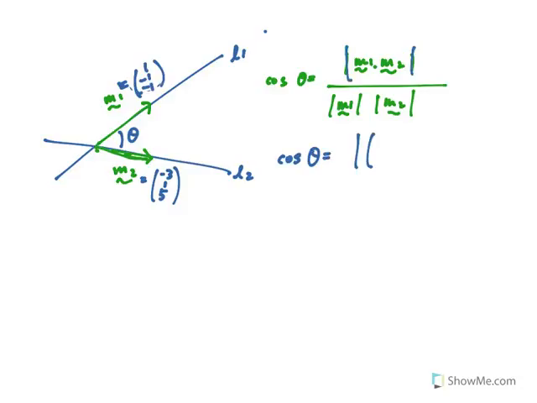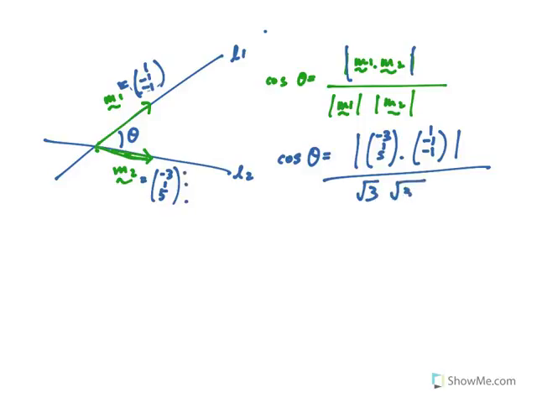So the modulus of negative 3, 1, 5 dot product with 1, negative 1, negative 1, over the modulus of m1, the modulus of 1 squared, 1 squared, 1 squared, square root 3, and the modulus of negative 3, 1, 5, which is square root 35. Your numerator should turn out to be 9, so 9 over square root 3 times square root 35.